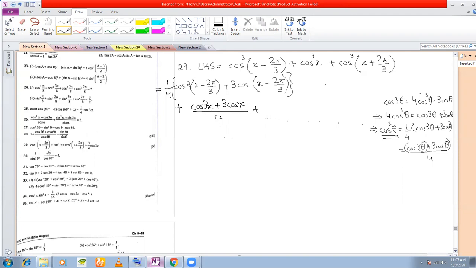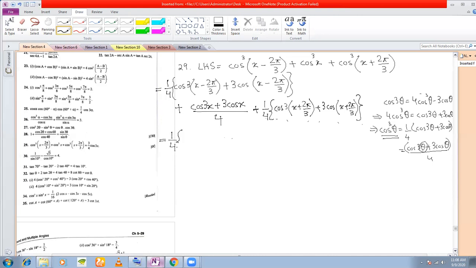And similarly here, your angle is x plus 2 pi by 3, so you can write this as cos 3(x plus 2 pi by 3) plus 3 cos (x plus 2 pi by 3). Okay, so we have converted all the cube powers to power 1. Now it is possible to work with all this.